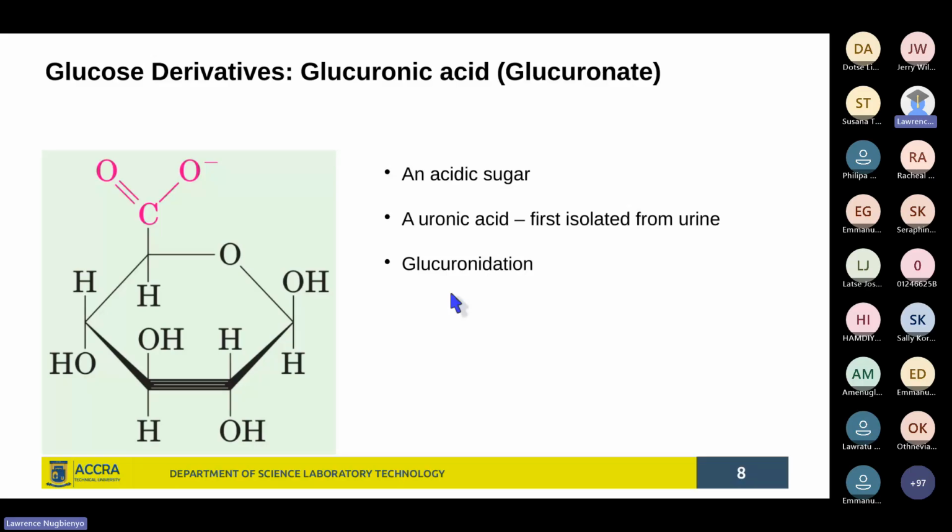And one of the processes that you find in the metabolism of these xenobiotics, these foreign substances, is what we refer to as glucuronidation. So in that process, you have glucuronic acid binding onto the substance.